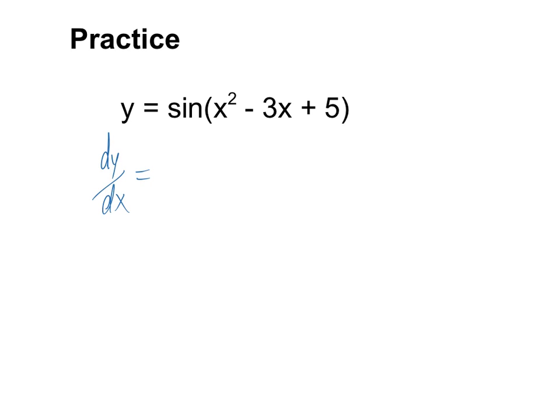That's actually a common mistake students will make, they'll start treating it as sine times this. That's not what I meant. I meant the product of x squared minus 3x plus 5. If we factor that into two different binomials, you could, but that would still be inside the sine.